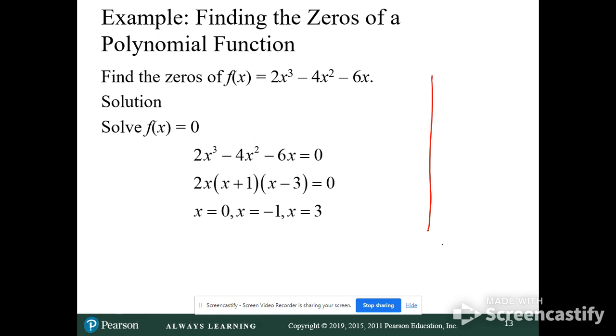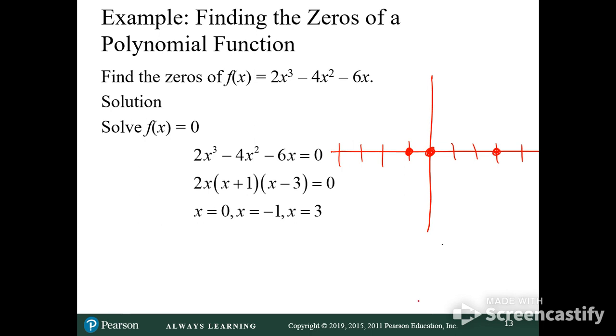If I put down a graph here, 1, 2, 3, 4, -1, -2, -3, -4, where do I know this function is going to cross? At -1, at 0, and at 3. I know that because those are the zeros of my function, so that's where they're going to cross the x-axis.